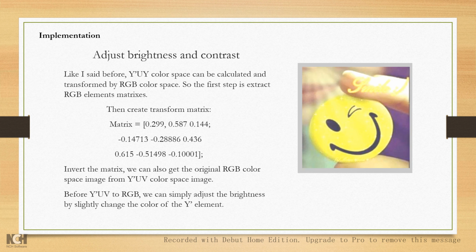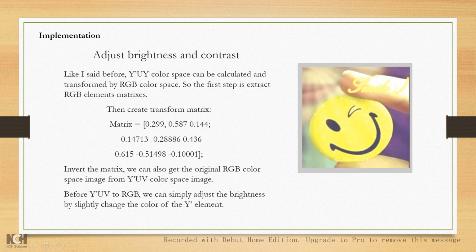So the next function is adjust brightness and contrast. Like I said before, the YUV color space can be calculated and transformed from the RGB color space. So the first step is to extract the RGB element matrices, then create the transform matrix. The transform matrix is listed here.